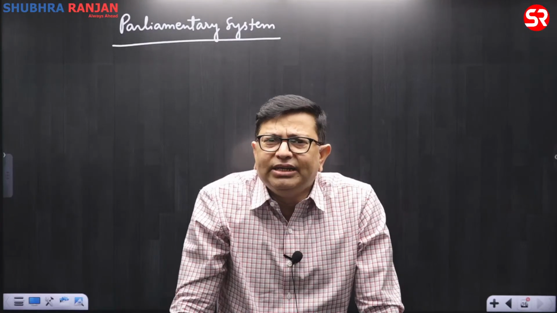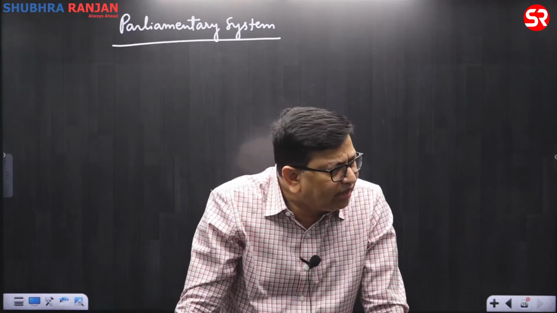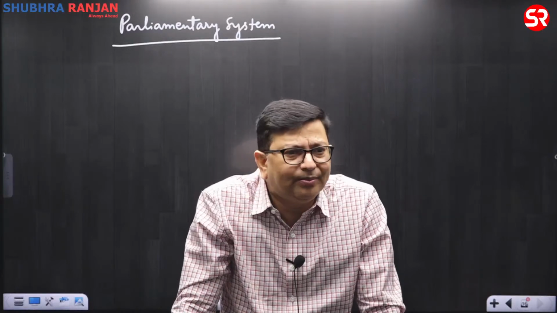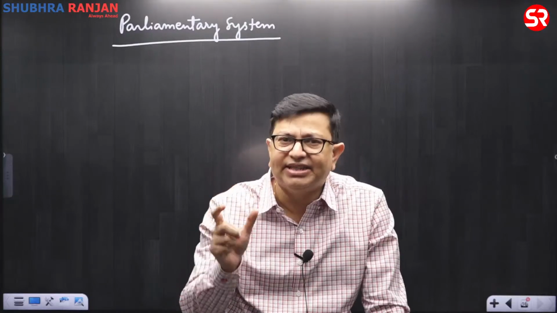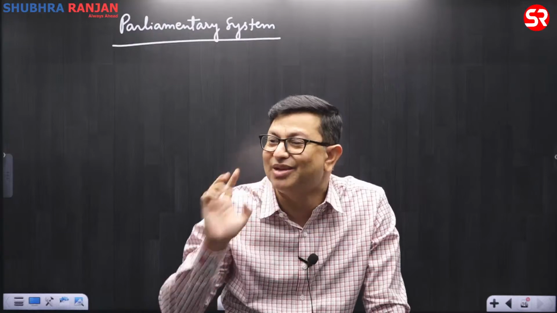Basically, it is a political system. Across the globe, the countries have either adopted parliamentary system or they have adopted presidential system. So, what is the basis of this differentiation? So, here we will be discussing parliamentary system as well as presidential system also.